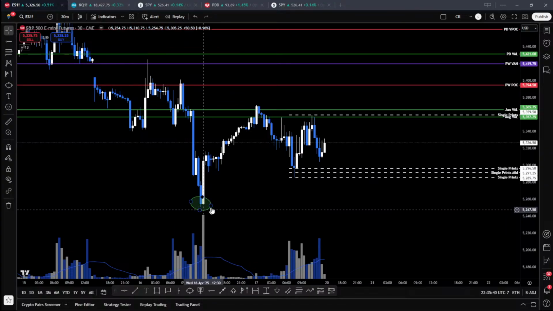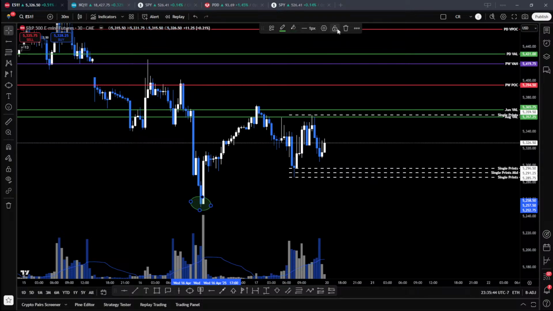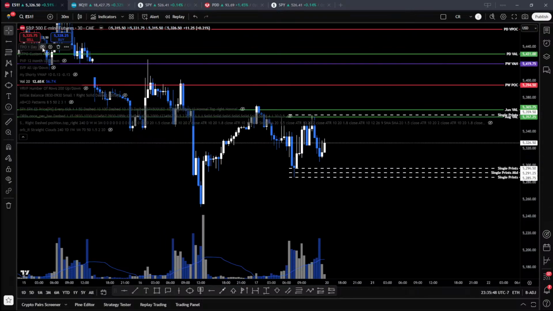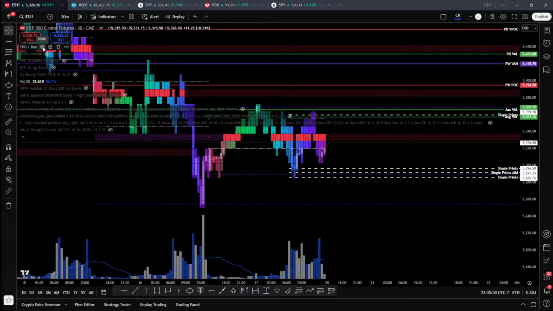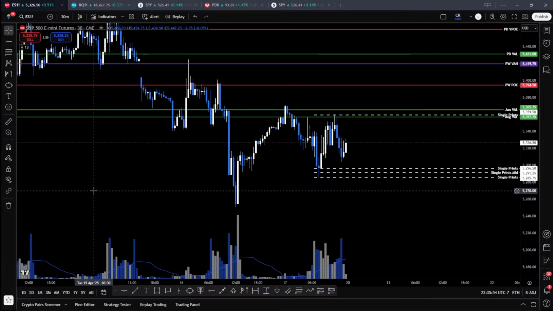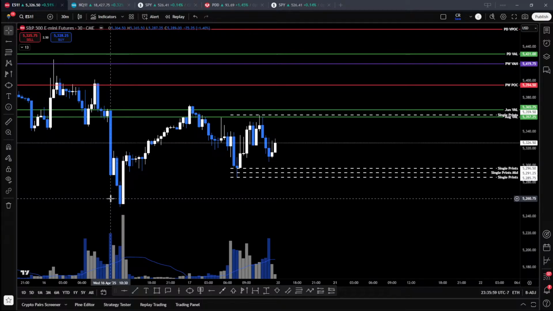And I don't care what TPO says, this is a poor low. I would never mark it as a single print, even though TPO is saying it is, unless I use only the default settings. So yeah, you just have to use a little bit of judgment. Okay?